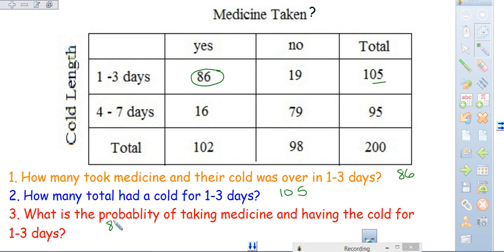So that would be 86 people out of 105. And that percentage is 82%. So 82% of the population took medicine and got rid of their cold in 1 to 3 days.